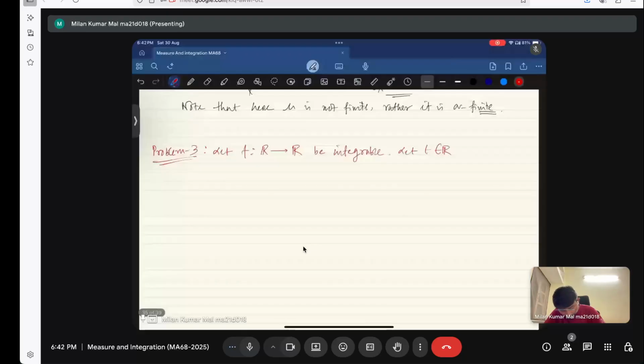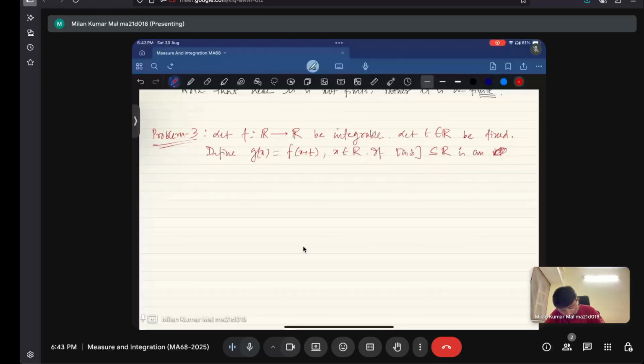Define g of x equals f of x plus t, where x belongs to the real numbers. If the closed interval [a, b] is a subset of R, then the integral over [a, b] of g dm1, where m1 is the usual Lebesgue measure on the real line, equals the integral from a plus t to b plus t of f dm1.